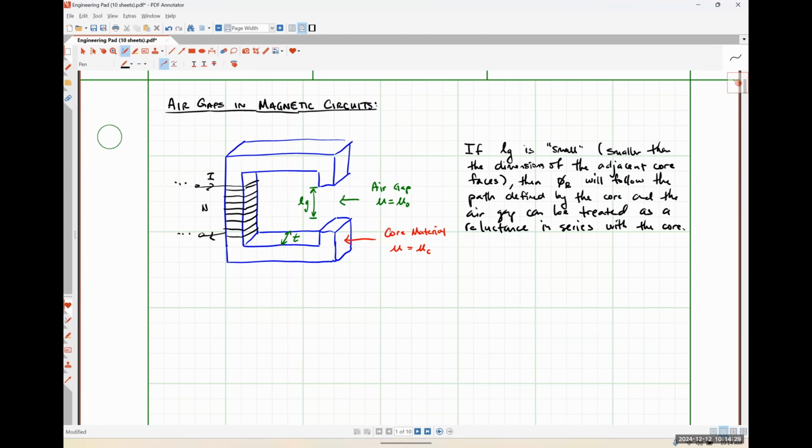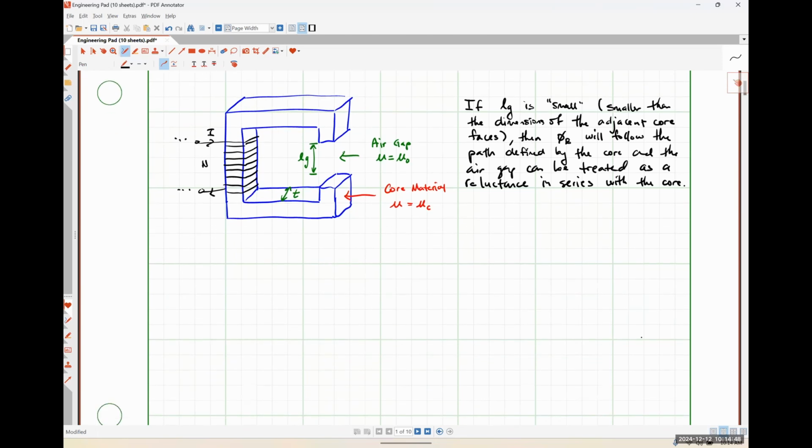So realistically, we want our cores to have as high a permeability as possible so that we don't have magnetic flux leakage. Well, if we introduce an air gap, we now have an opportunity specifically for magnetic flux leakage. So we need to take that into account a little bit.